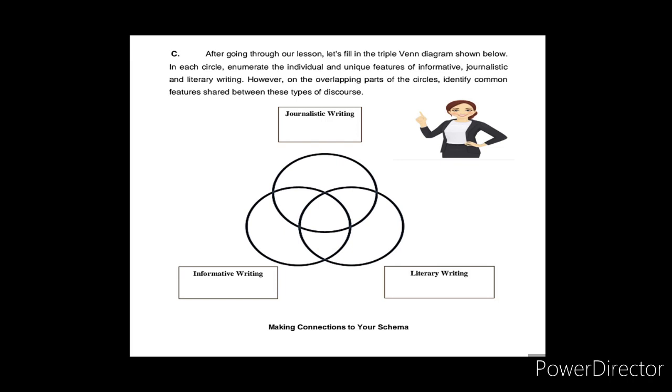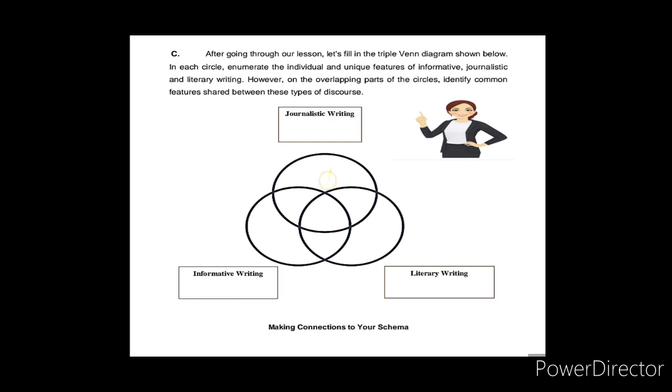Letter C. You will accomplish this triple Venn diagram. In each circle, enumerate the individual and unique features of informative, journalistic, and literary writing. You're just going to draw this one. In this circle, you will write the unique features of informative.